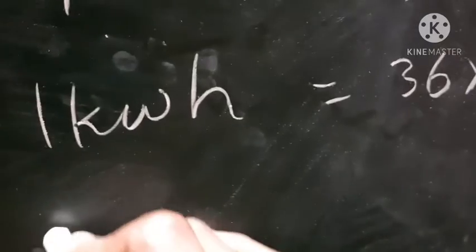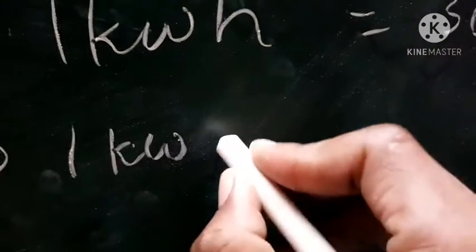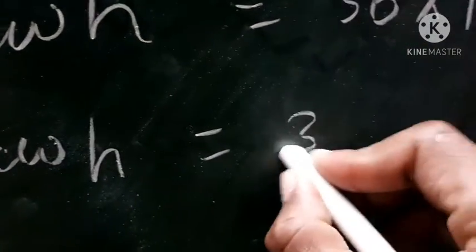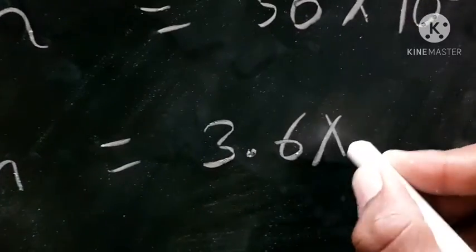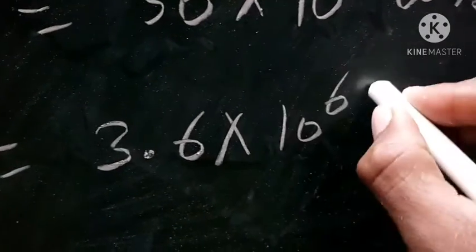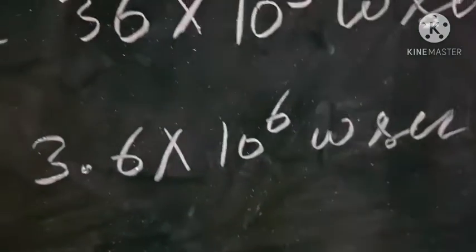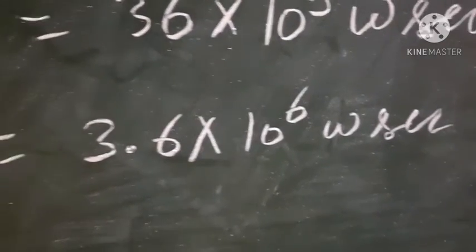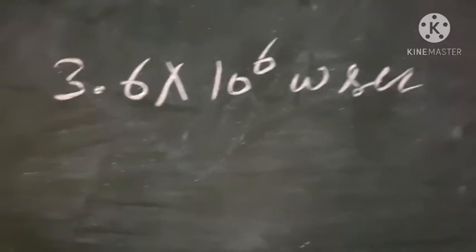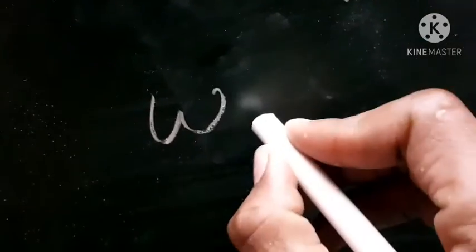This can also be written as 1 kilowatt hour is equal to 3.6 into 10 raised to power 6 watt second. And as we already studied, watt second is equal to joule.